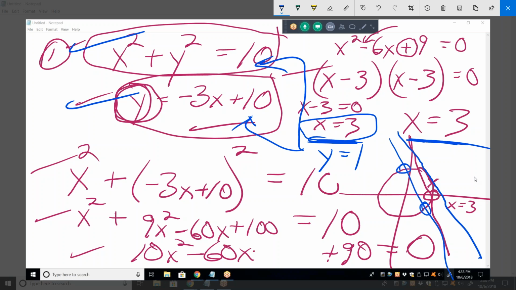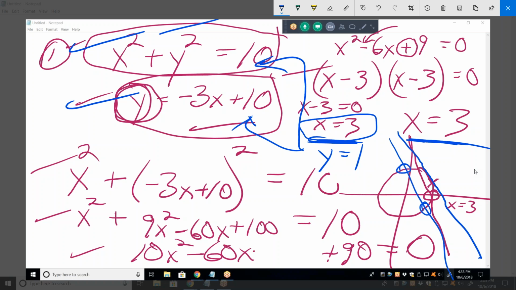Sounds like you're maybe getting into conic sections. Are you in conic sections? I didn't really have to know that this was a circle. So you might not be in conic sections, but that is the equation of a circle. But from an algebraic point of view, I didn't really need to know that.